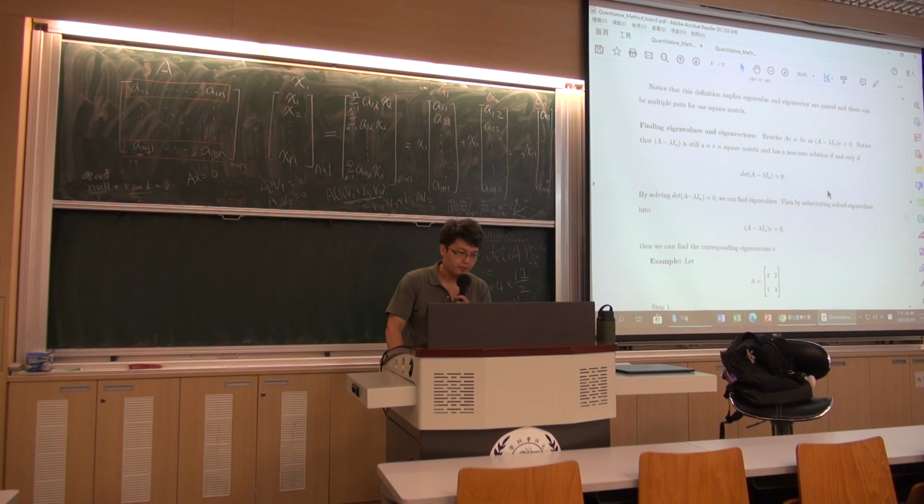And this matrix has a non-zero solution, which is v here, if and only if the determinant of it is 0. Why is that?